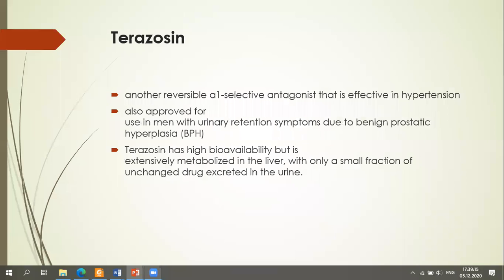When people have this type of disease, they will have difficulties when urinating, because there will be an uncontrolled growth of tissue in the prostate, which results in urinary retention problems. That's why terazosin is used in order to treat this disease.